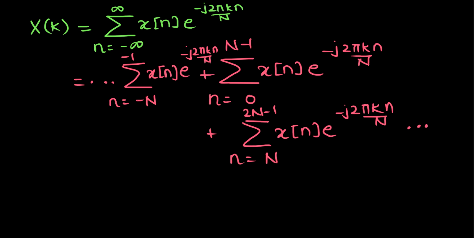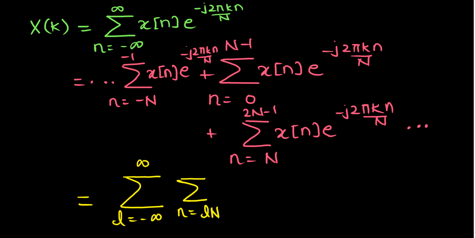So this can be written in more compact form as summation L running from minus infinity to infinity, summation n running from Ln to Ln plus n minus 1 x of n into e to the power minus j 2 pi k n by n.